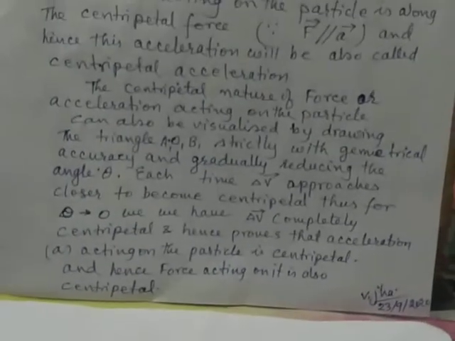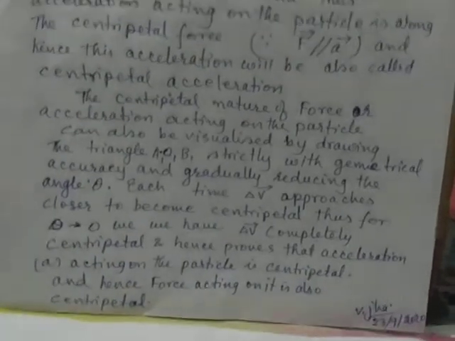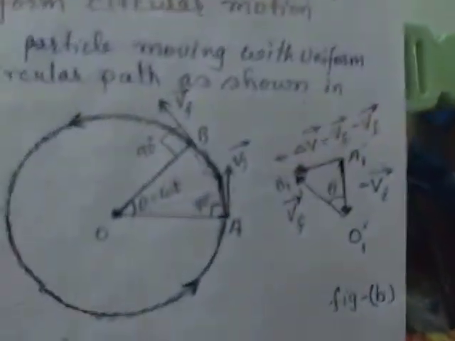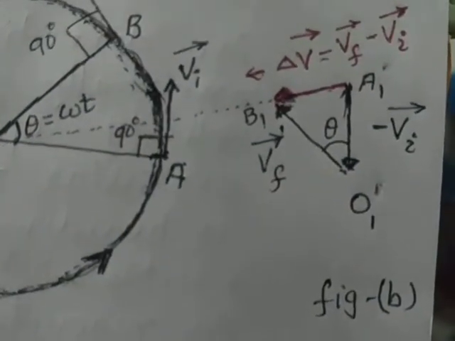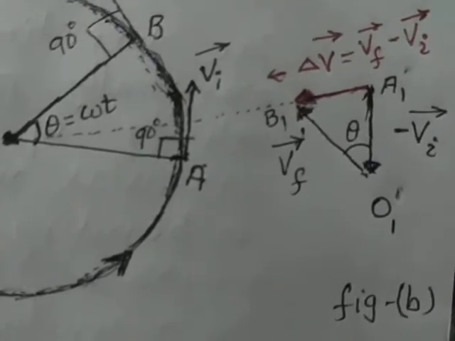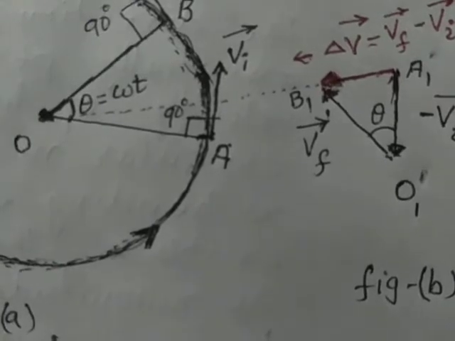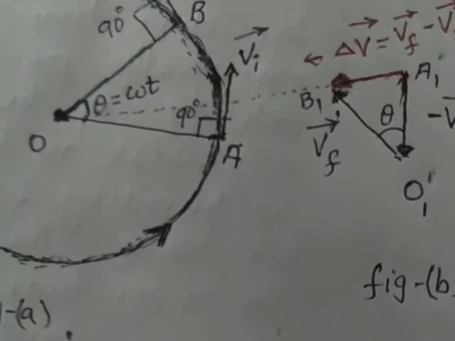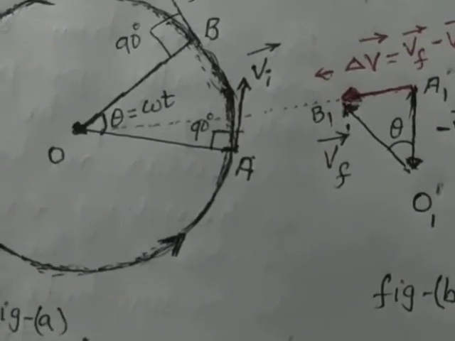Now the same thing can be proved in another way, geometrically. When you draw the diagram which we drew earlier to compare the two triangles, the triangle O1 A1 B1, each time reducing the value of theta, you will see that the direction of delta V each time nearly becomes centripetal, meaning it nearly approaches passing through the center of the circle.